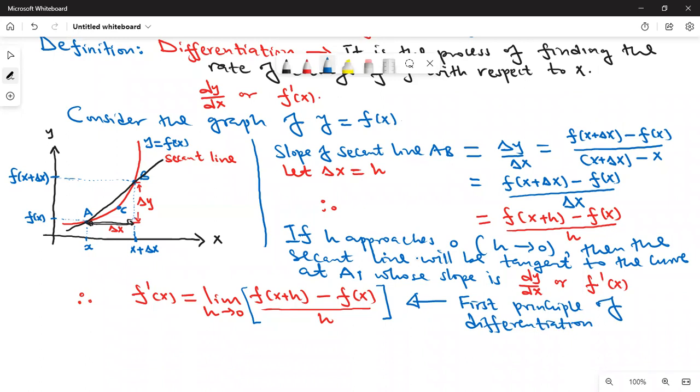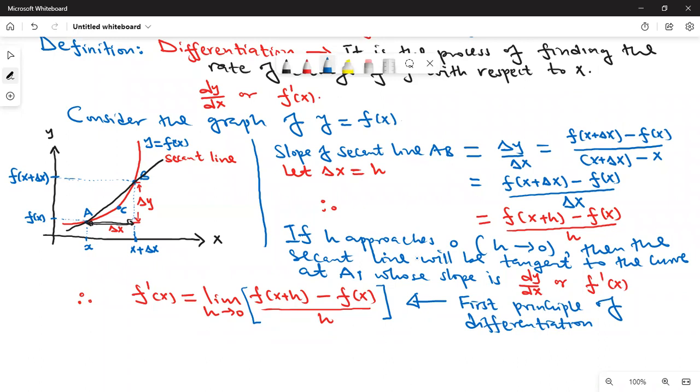Another name is derivatives of the first kind, or differentiation by the definition. But usually we are going to call it first principle.